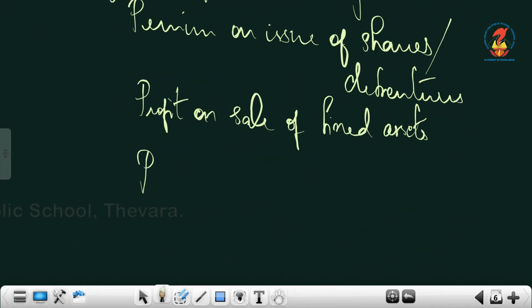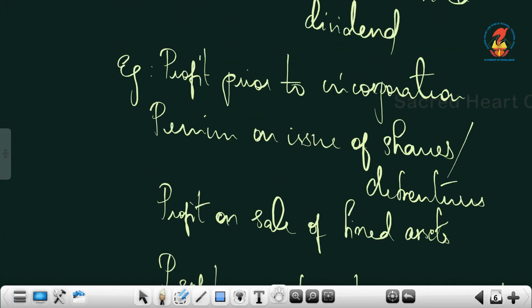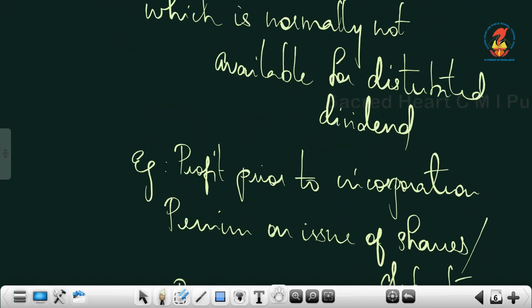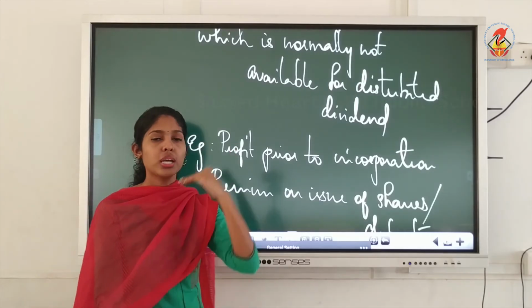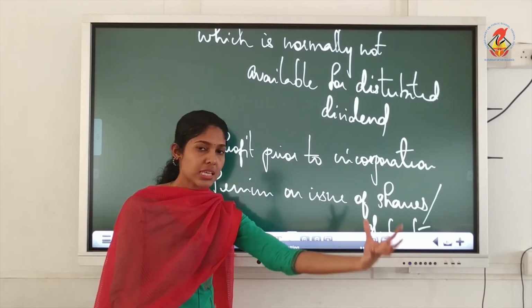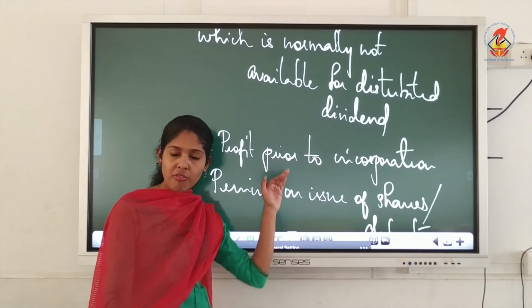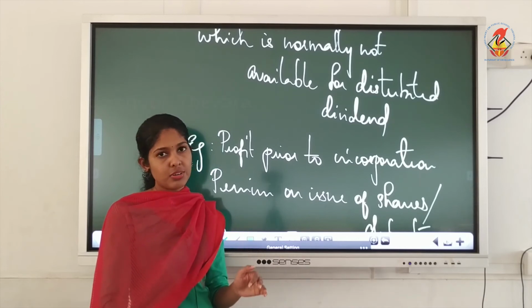So many examples are given in your textbook, you can go through that. Then profit on redemption of debentures. See, all these are capital profits, or all these are capital reserves. Normally you will not use these profits for dividend distribution. And out of these profits, when you keep aside some reserve, that is termed as capital reserve.